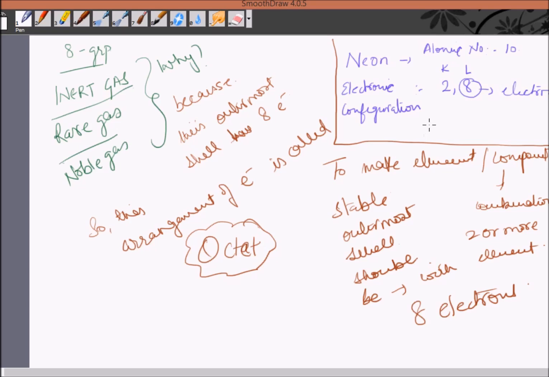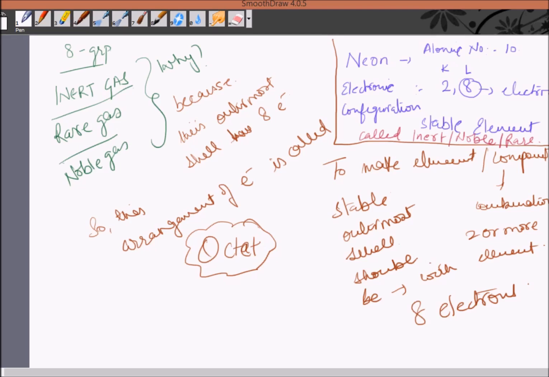So this is actually the most stable element. We also call it inert, noble, or rare. These elements are actually chemically stable, chemically inert, you can say. So I hope you have a brief idea about the octet rule.